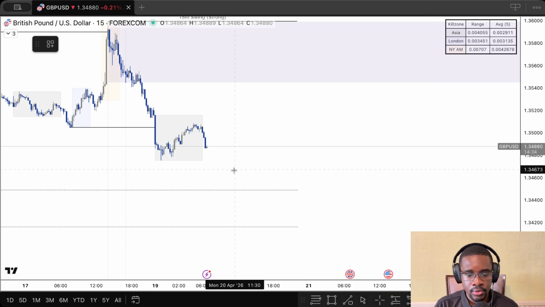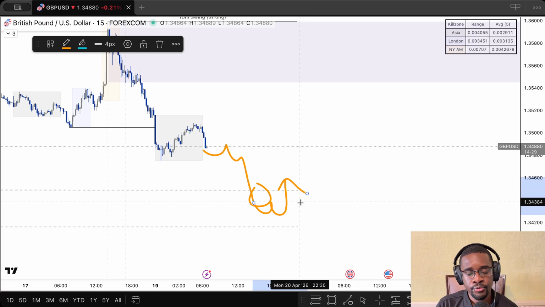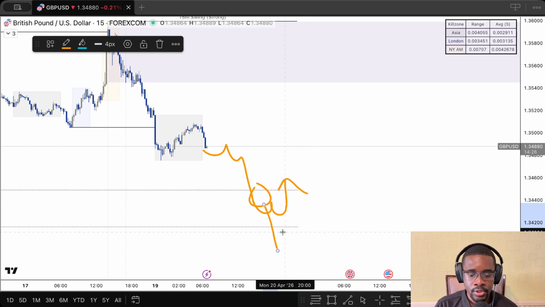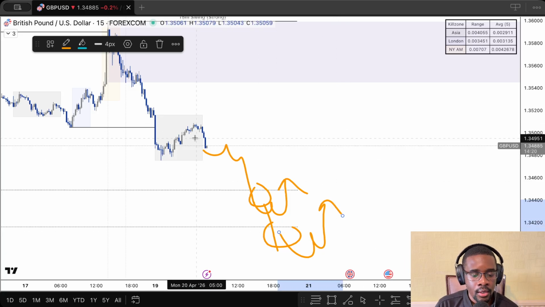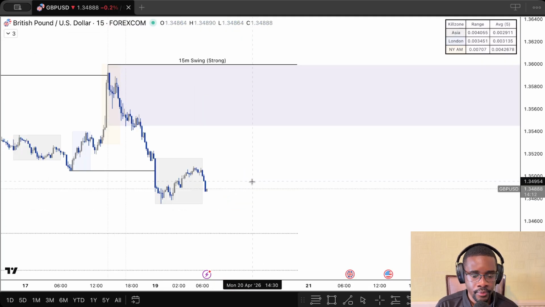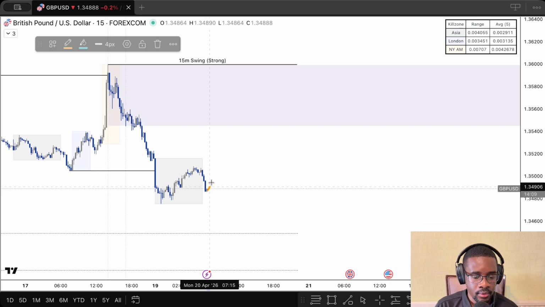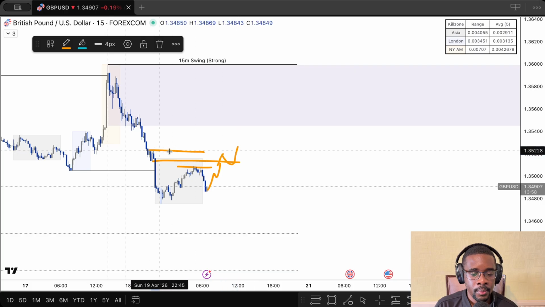So if price continues, all right, and then during our key time, maybe we take out this, we get lower time frame confirmation, then we could be looking for longs. If it continues, takes out this one, then same thing. If we have lower time frame confirmation, we look for longs. From this point onwards, if it doesn't continue to give us these longs, then it might push up, maybe sweep these highs, maybe come into this area, after taking Asia high, okay, maybe it may sweep this area and then we may start looking for shorts.